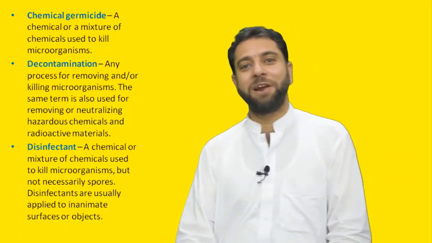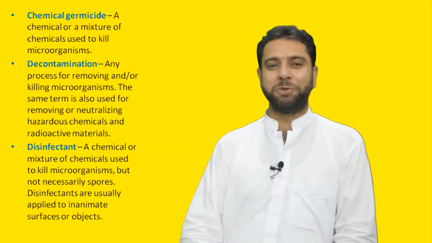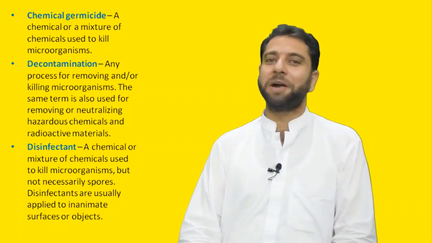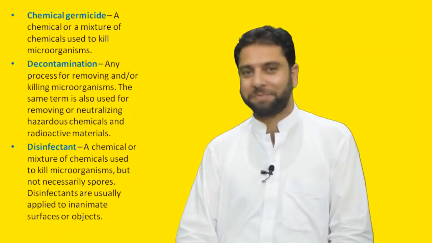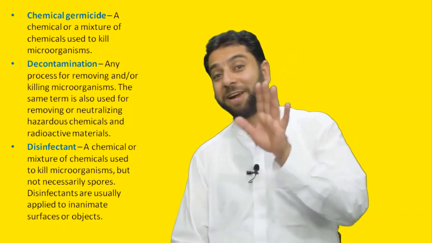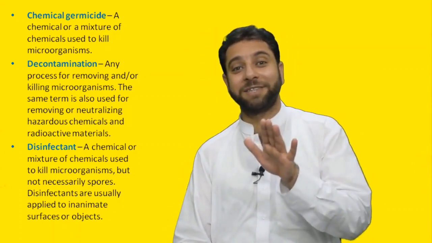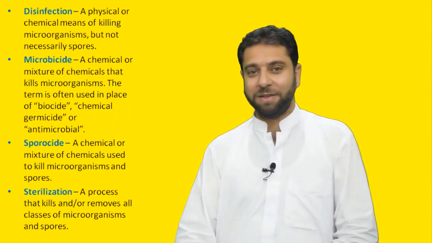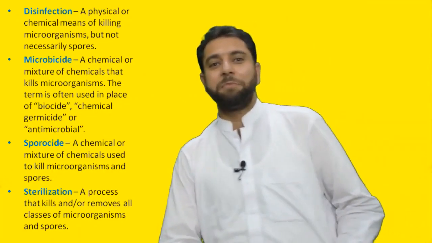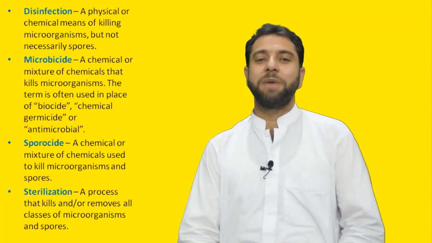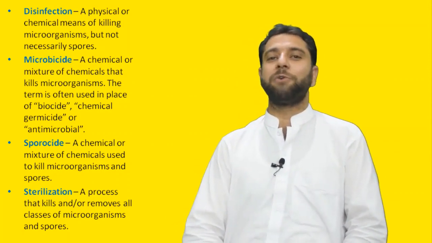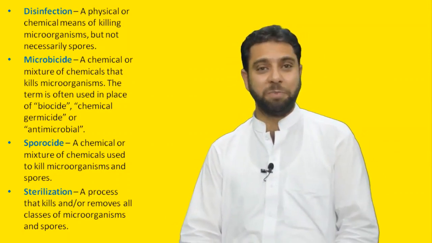Disinfectant is a chemical or mixture of chemicals used to kill microorganisms but not necessarily spores. Remember that disinfectants are usually applied to inanimate surfaces or objects. So, disinfection can be defined as physical or chemical means of killing of microorganisms but not necessarily spores.